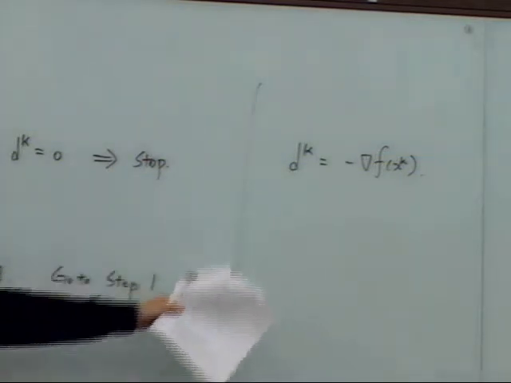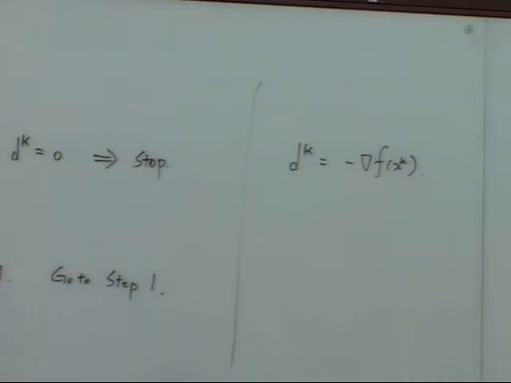One time derivative, two time derivative. Utilizing this second derivative, it usually, in most cases, converges to the solution much faster than the steepest descent algorithm. However, calculation of the Hessian also takes lots of time. Okay? There is a trade-off.